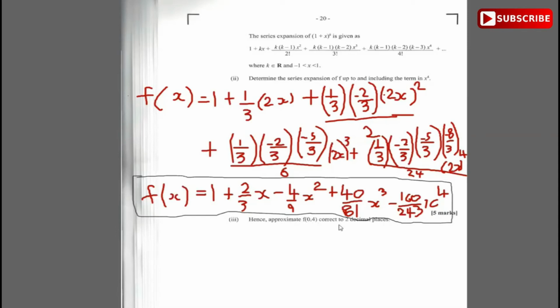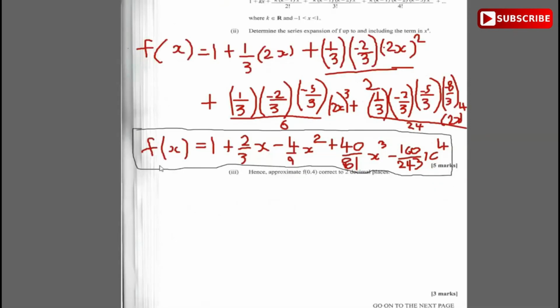approximate f of 0.4 correct to 2 decimal places. So that means we're going to replace x with 0.4.